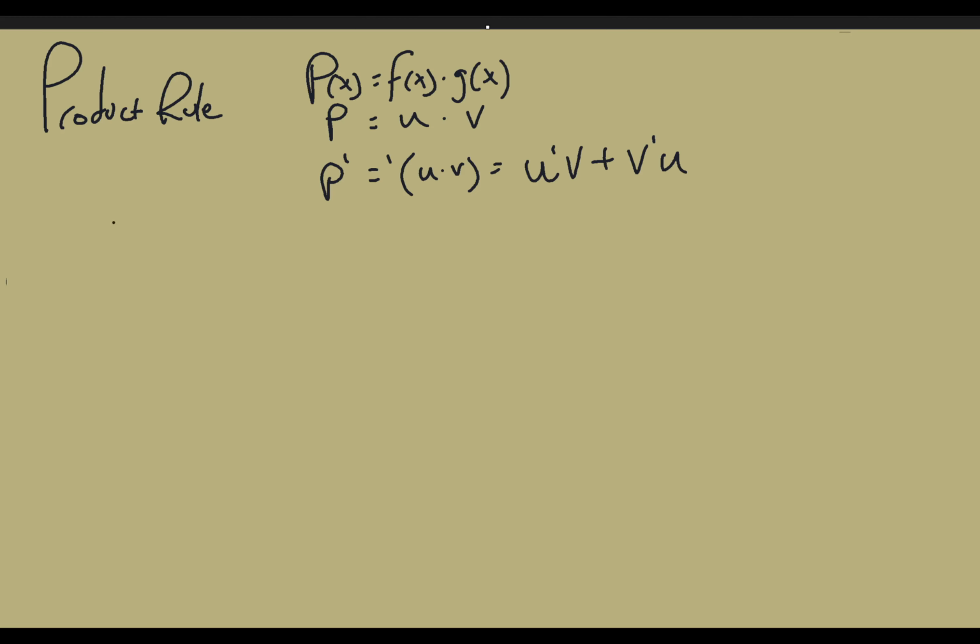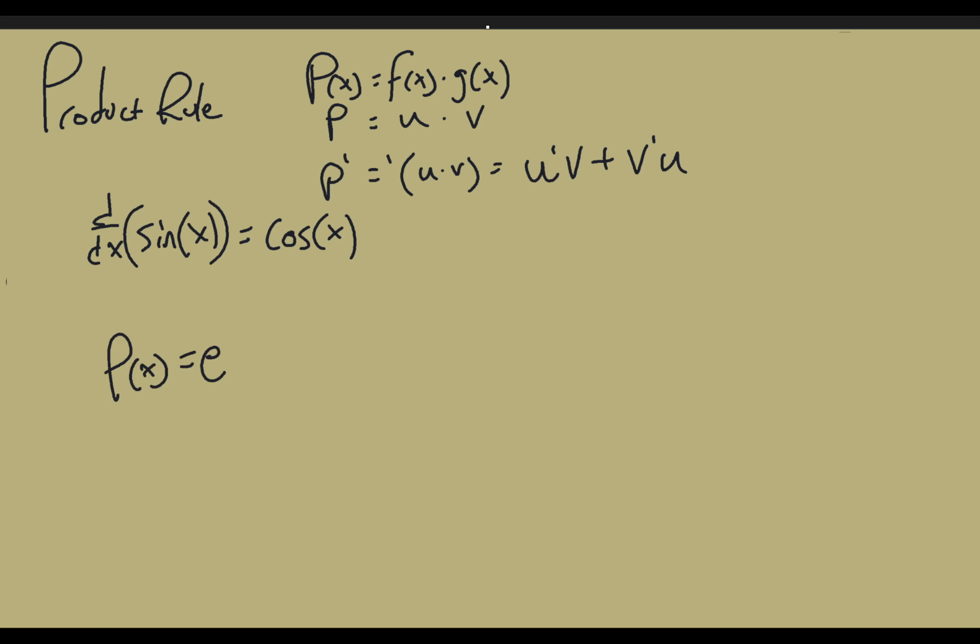So I'm going to give you an example. I'm going to tell you a secret: the derivative of sine of x, which you probably haven't seen before, is cosine of x. Just accept that as true for this example, okay? Let's say I give you p of x equals e to the x sine of x.